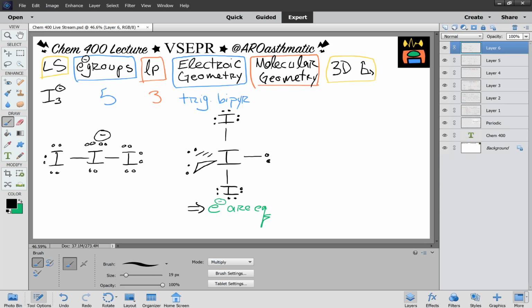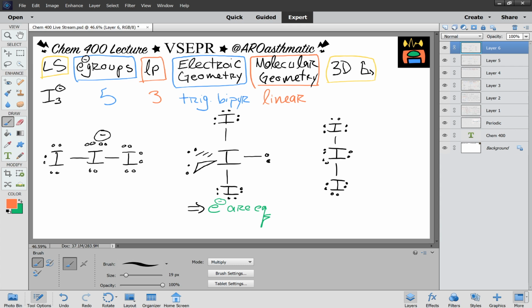Now our molecular geometry. Let's look at the shape that these make when we just consider our atoms. When you look at the shape these atoms make, it looks just like the Lewis structure, because when you have a trigonal bipyramid with 3 lone pairs, your molecular geometry is linear.